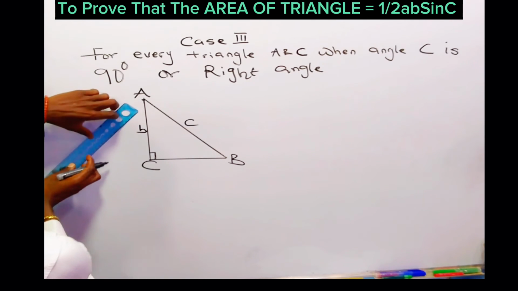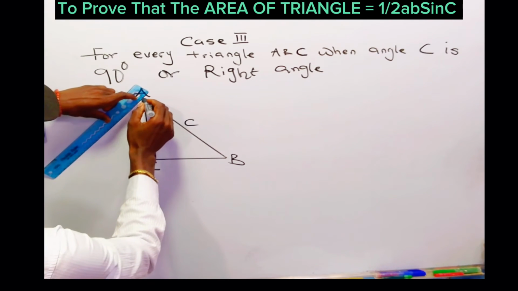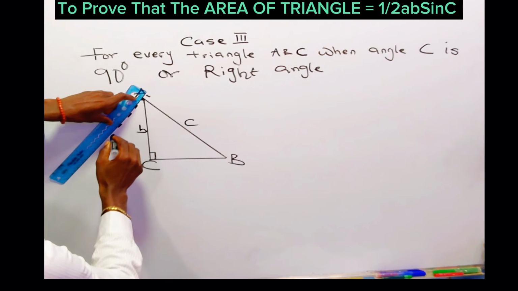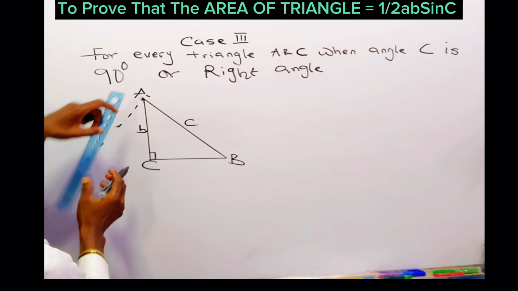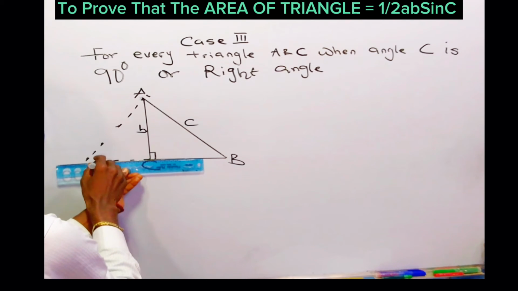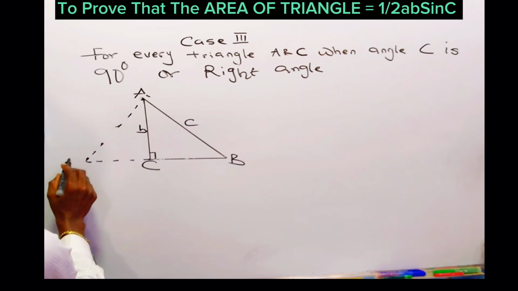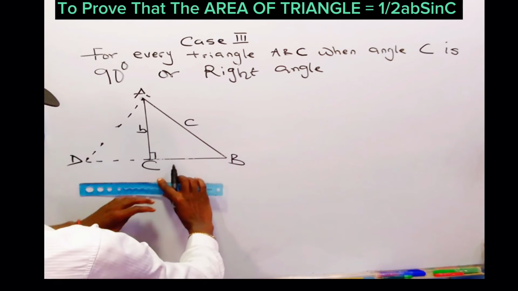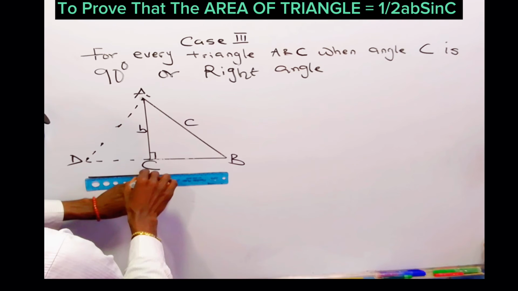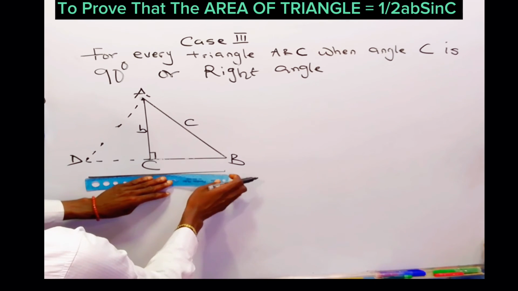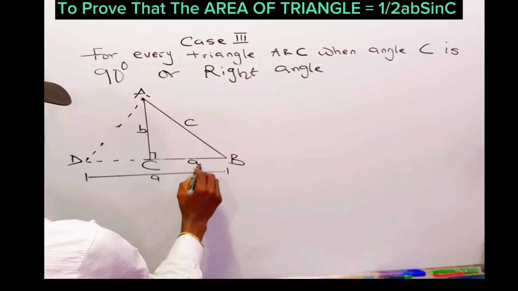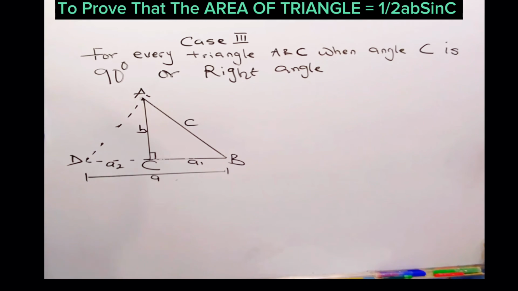Now let's also attach distance AD. Let's call this D, so that to get our side A would be from distance DB, which is A, and of course here should be our A1 and A2.